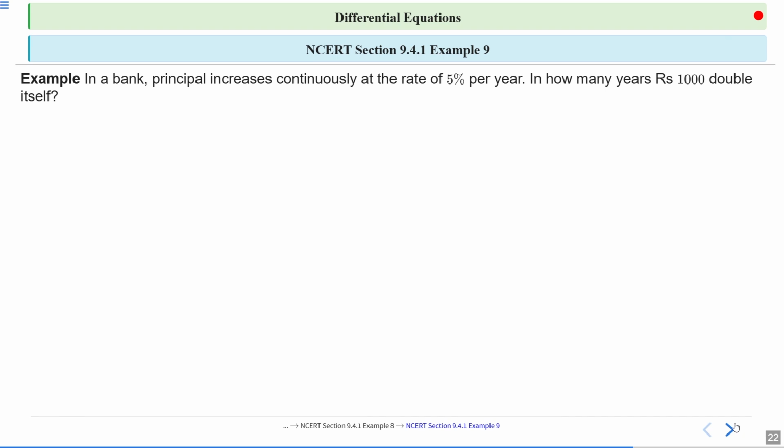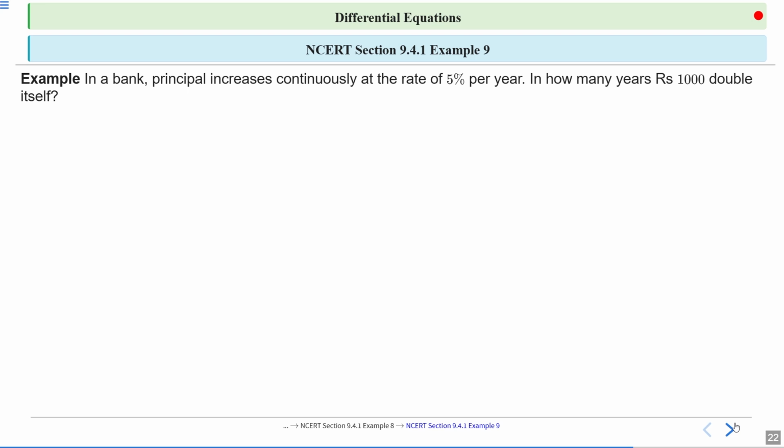Now, example 9. In a bank, principal increases continuously at the rate of 5% per year. In how many years will rupees 1000 double itself?